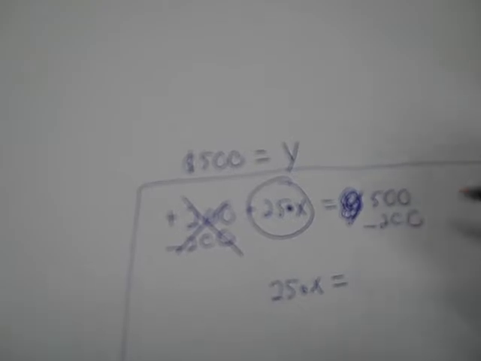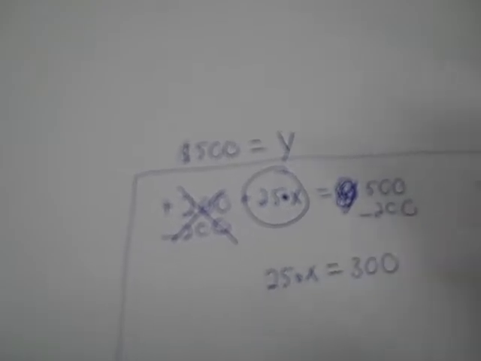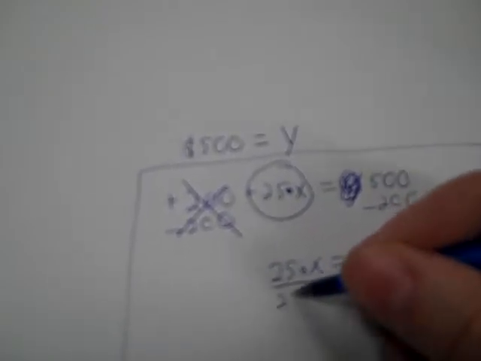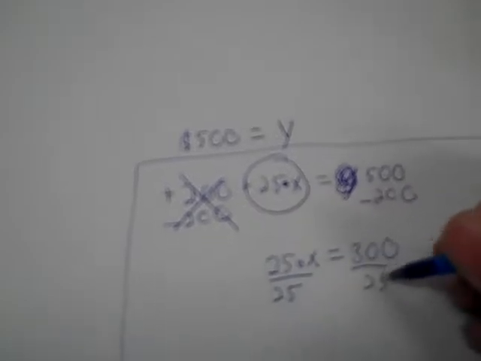Then 500 minus 200 is 300, and then I go to the division. So 300 divided by 25 is 12. So that's my answer. It's 12 hours.